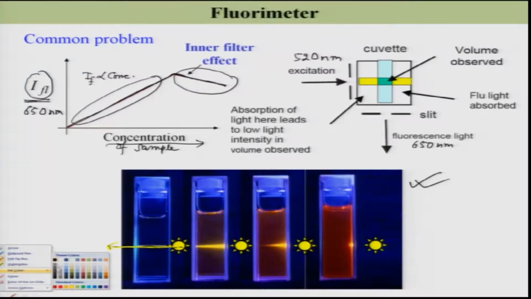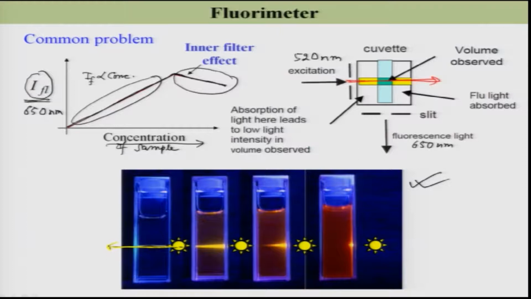In this case, I excite like this and emission is collected from the mid part of this excitation. So, this is my volume of absorption, or observed volume, and this observed volume is somewhere over here.